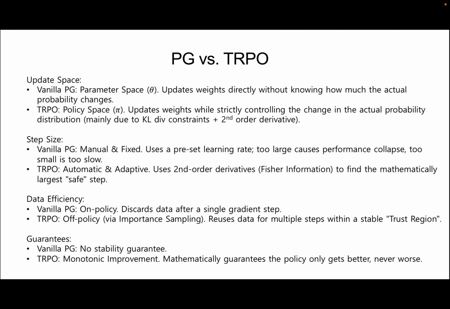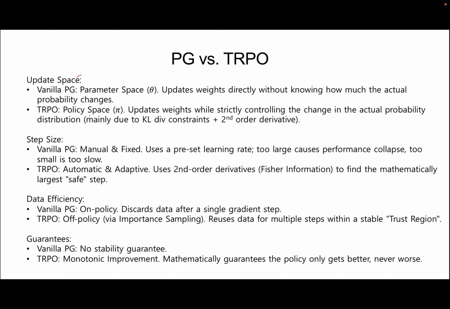TRPO works in policy space, updating weights while strictly controlling the change in the actual probability distribution, mainly due to the KL divergence constraint and second order derivative. Step size: vanilla PG is manual and fixed. It uses a preset learning rate; too large causes performance collapse, too small is too slow. But TRPO is automatic and adaptive, using the second order derivative, Fisher information, to find the mathematically largest safe step.